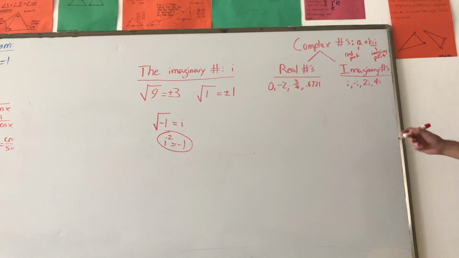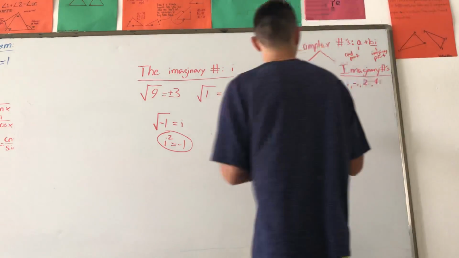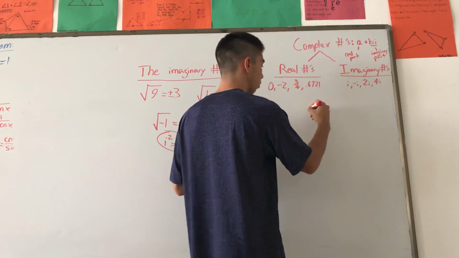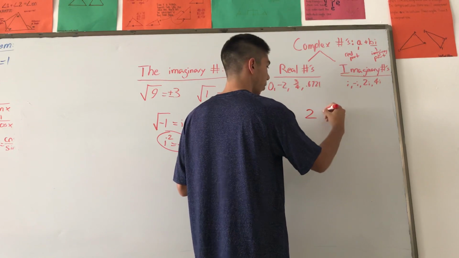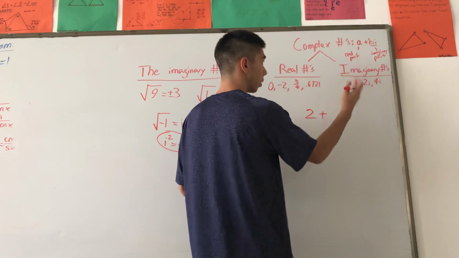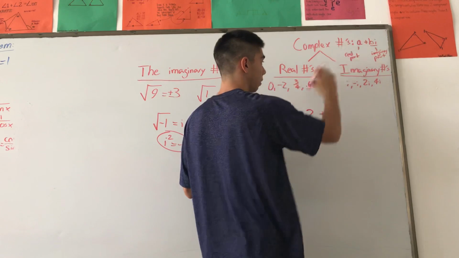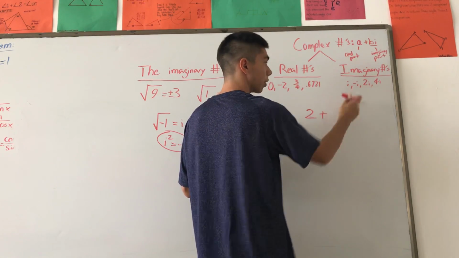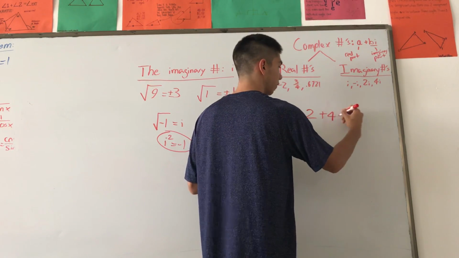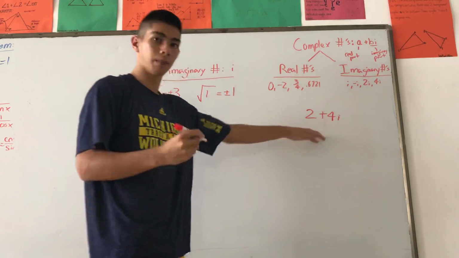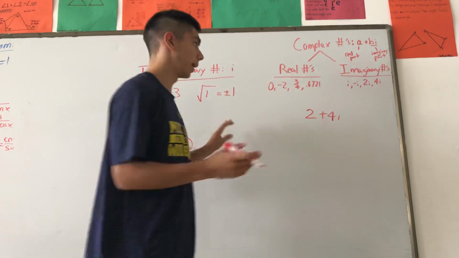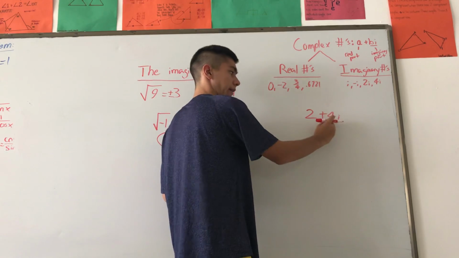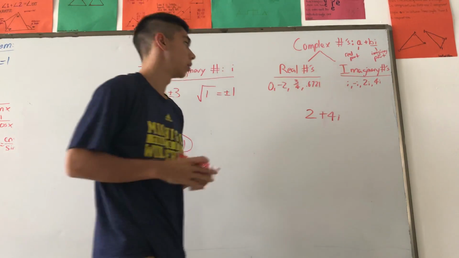An example of a complex number would be, I don't know, 2. 2 is a real number. Now we're going to do plus, and then bi. b can be any real number as well, actually. So we have over here 2i and 4i. 2 plus 4i. So this is a complex number now, and it has a real part, the 2, and then 4i is the imaginary part.